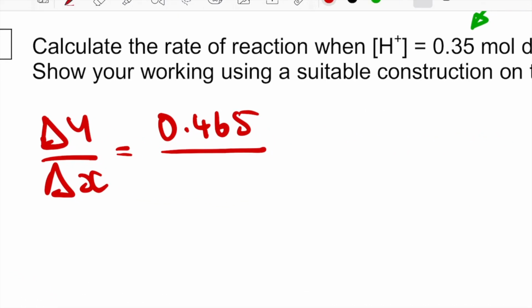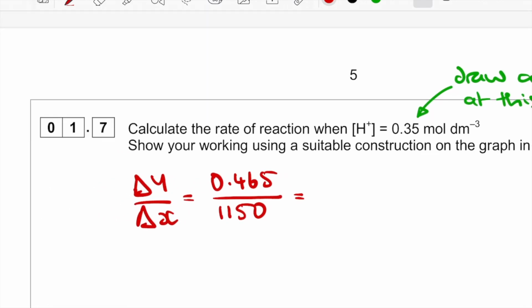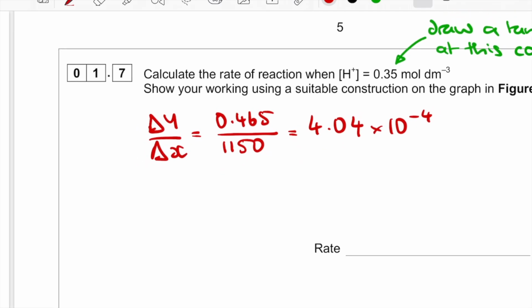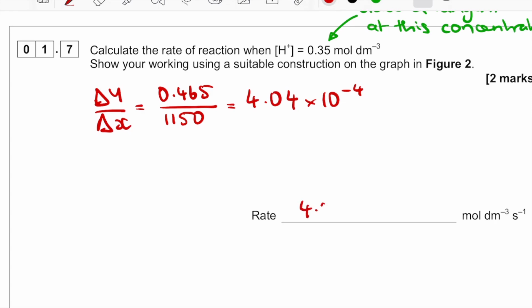So I put those values in, 0.465 over 1150, and then I put that into my calculator, and it is 4.04 times 10 to the minus 4. So the rate that I've worked out is 4.04 times 10 to the minus 4.